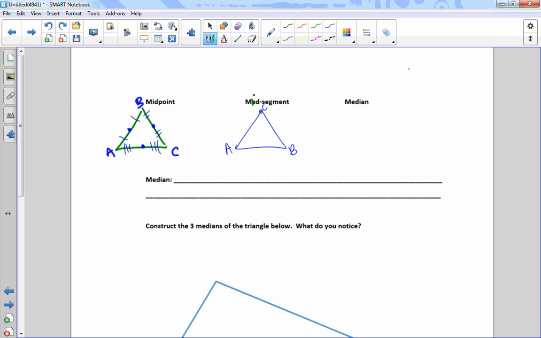The midpoints, two midpoints. So you first have to know that you actually have midpoints, and a midsegment is created by joining those midpoints. There's that one there. Very good.